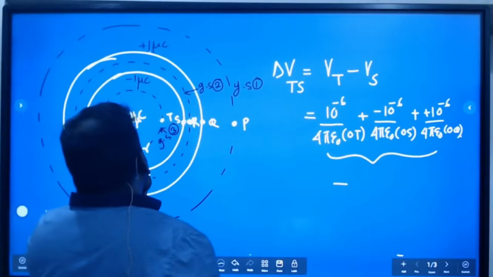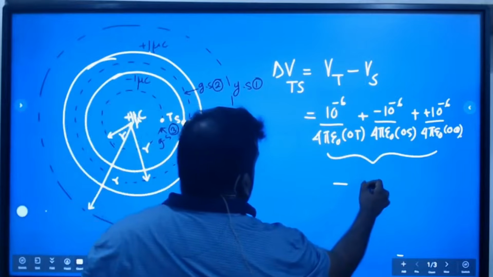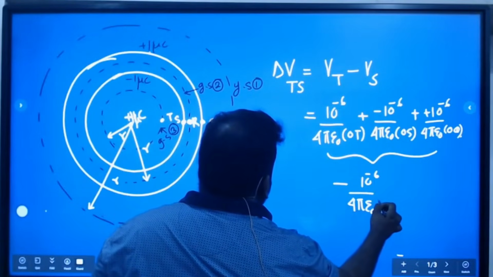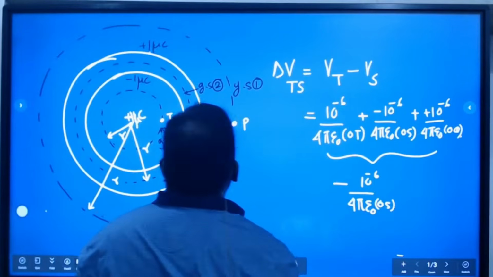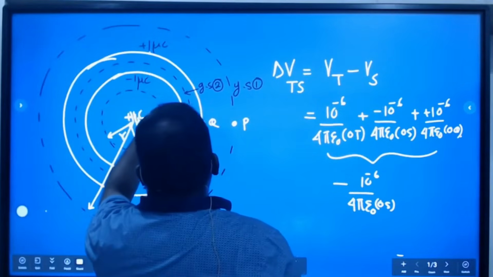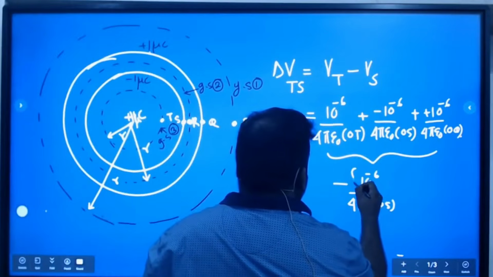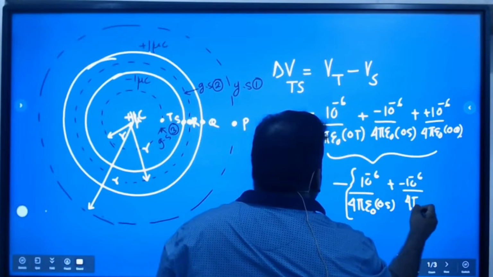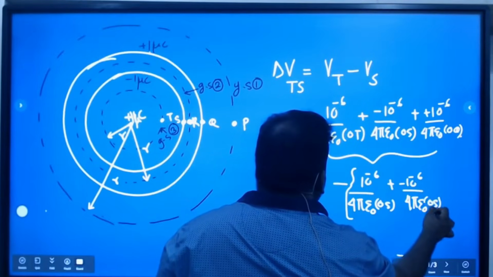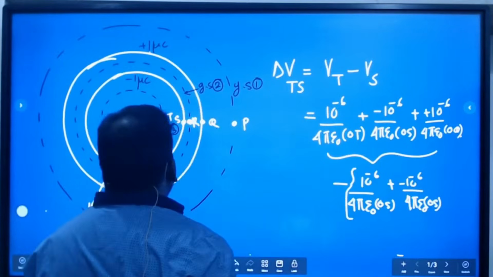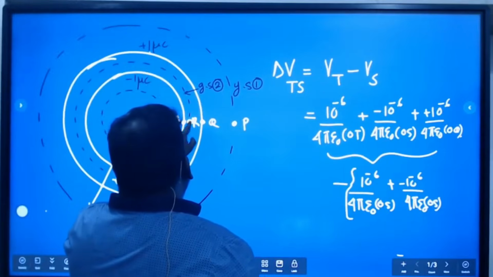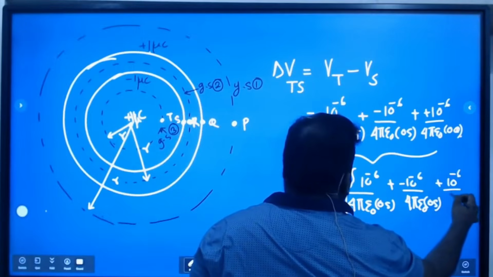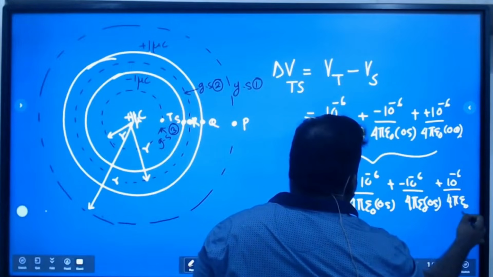This whole thing is the potential at T minus the potential at S. What's the potential at S? Because of the minus 1 microcoulomb there, it is minus 10^-6 over 4 pi epsilon naught OS. S is inside the bigger sphere, same as the potential at the surface, so plus 10^-6 over 4 pi epsilon naught OQ.